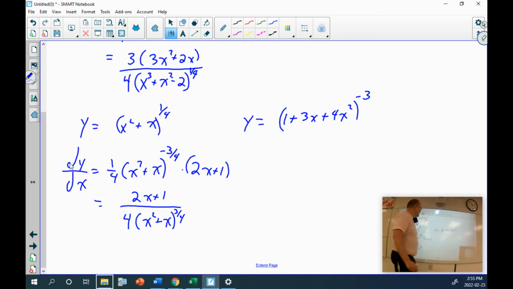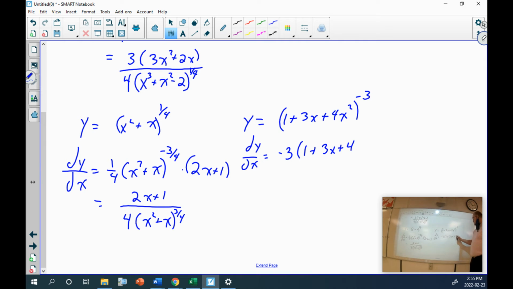Molly, what's your first step in this derivative? The derivative of the outside function, so it's negative 3 to the inside function, the negative 4. And then the inside function's derivative, so that's 3 plus 8x.